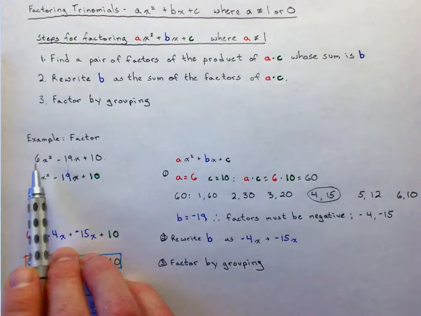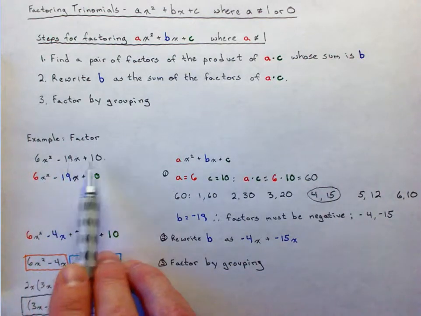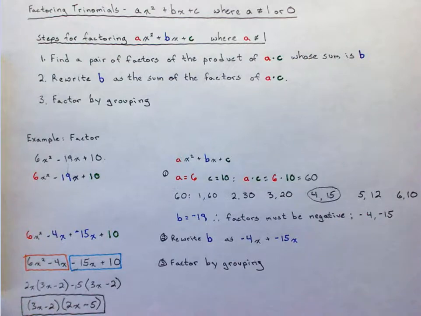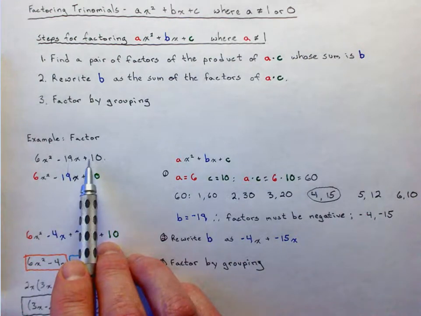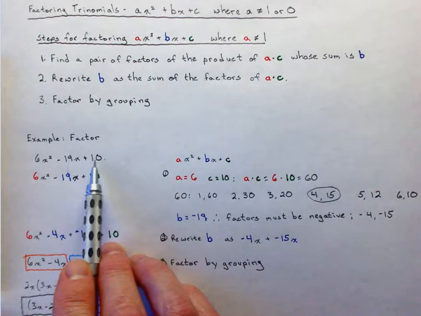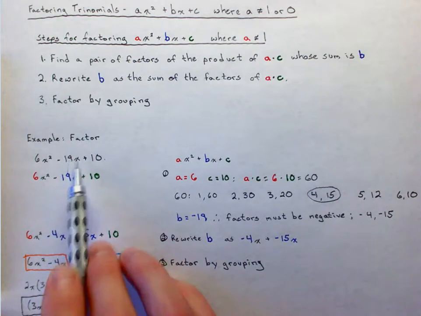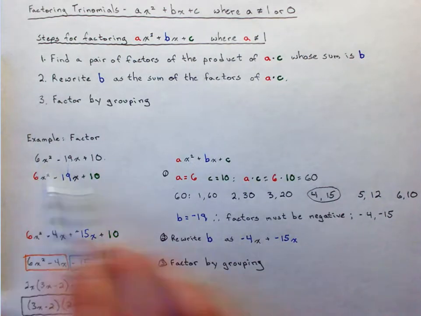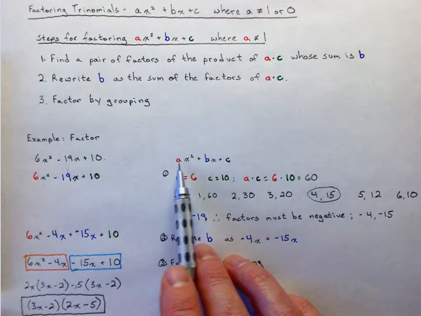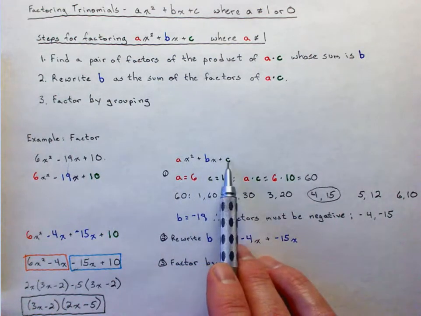I'm given the problem 6x squared minus 19x plus 10. I need to factor it. Just looking at this, you can tell it would not be as simple as what we did before. I just can't take the factors of 10 and come up with my numbers. My trinomial is in the form ax squared plus bx plus c, color coded.